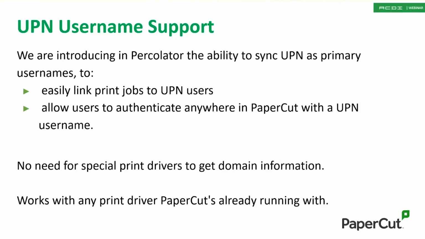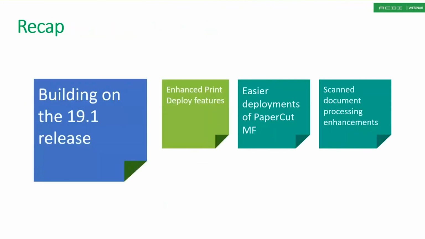No need for anything different on the print drivers, as this user will be associated with the correct print jobs from here on out. This is only available in an Active Directory scenario, and you'll also want to engage ACDI, as there's a good possibility that you could lose data when merging domains. Plus, there's just some other things to be mindful of that are not within the scope of this webinar.